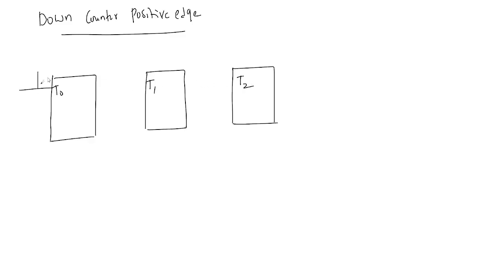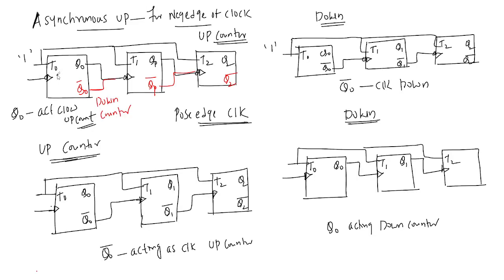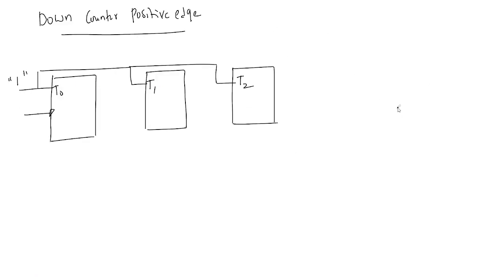These are all connected to toggle state, which means it is 1. I am giving the positive edge of clock. If I want to design a down counter, then I need to use Q0 as a clock, no? Q0 is acting as a clock for the next flip flop, and Q1 is acting as a clock for the next flip flop. So this I need to realize.